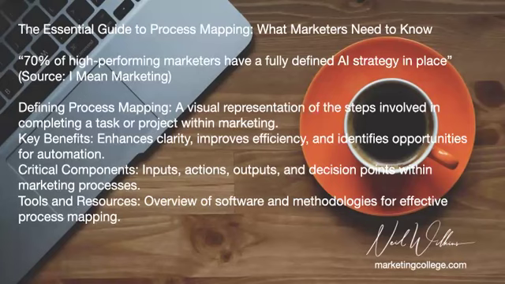Now, the key benefit of this, of course, is that it gives you a real clarity over what you're doing, because even going through that process, you can maybe look at it and think, hold on a minute, there's a step there. Why do we do that? Why do we need to do that? We don't. We could just jump from that point there to that point there. There's a step or two in there that we don't actually need to do. But we've been continually doing it because it's a habit within our process.